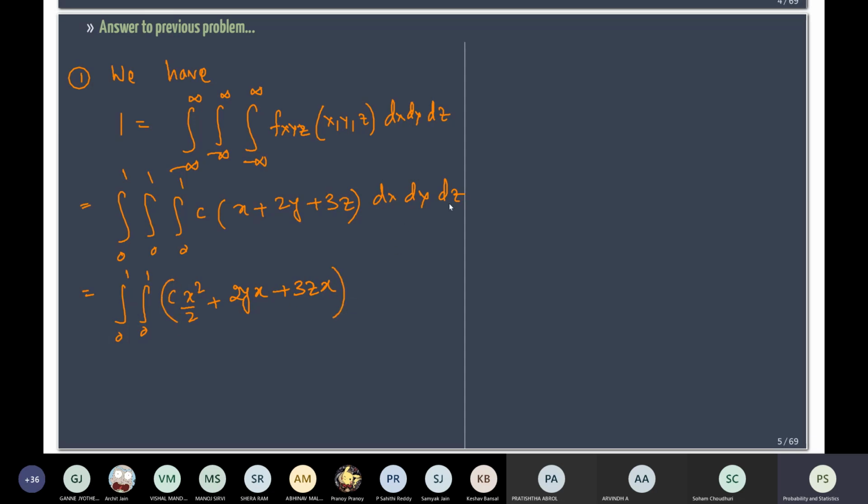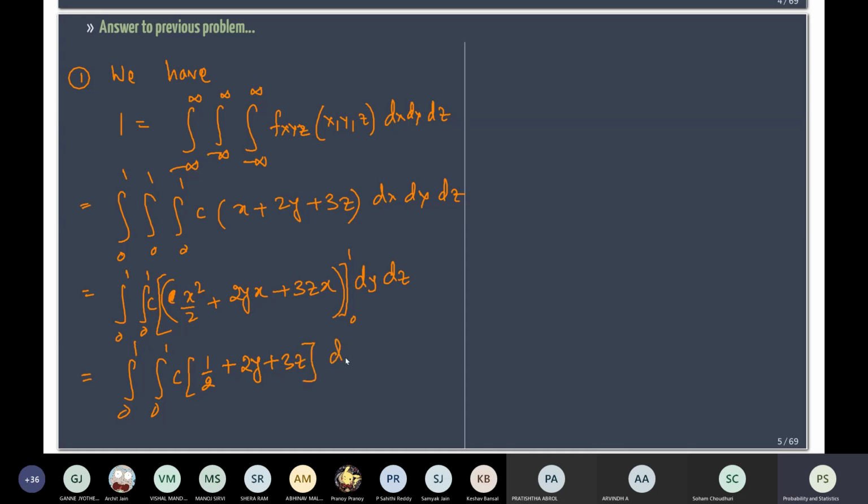The remaining terms are then integrated with respect to dy and dz, with the limits put in after integration. If I put 1, then we have C times (half plus 2y plus 3z). The constant C was outside, so I can keep it outside.